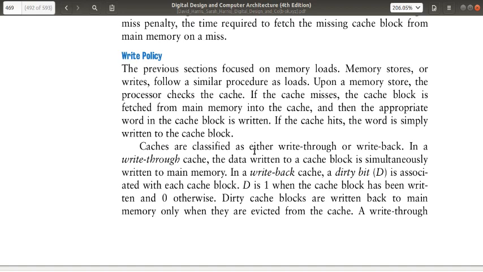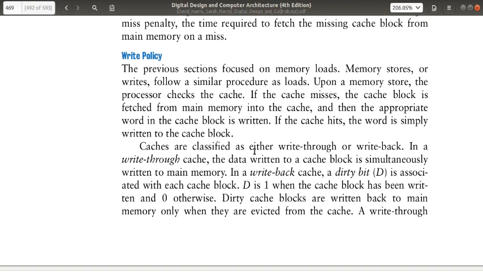Because this is a MIPS processor, or any processor, there will be some memory write. In the particular case of MIPS processor, it is a load store processor. That is, the data to be manipulated is loaded into the processor, it is manipulated and it is stored back. So from the processor's point of view, data is written into the cache only, and from the cache it is written back to the main memory.